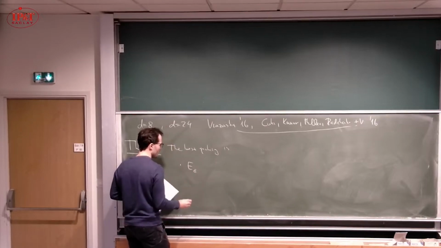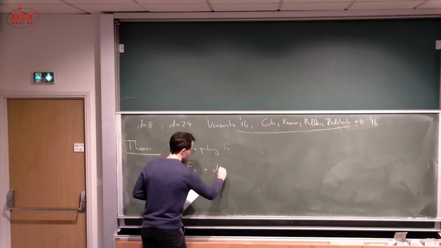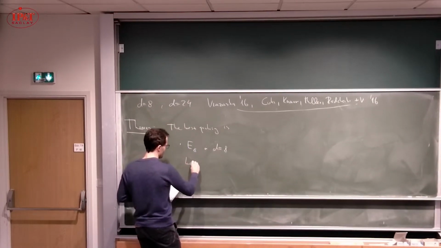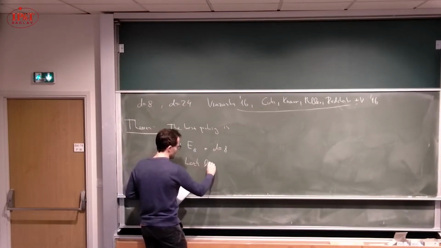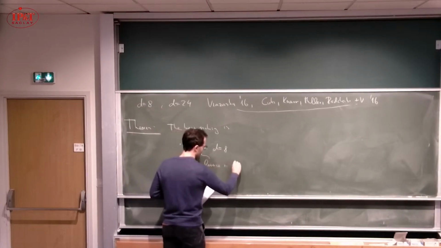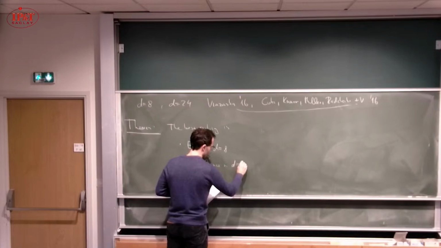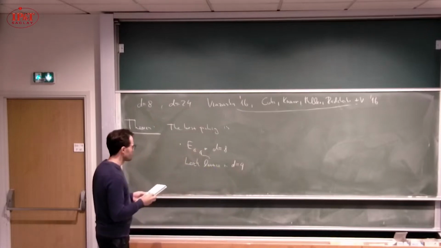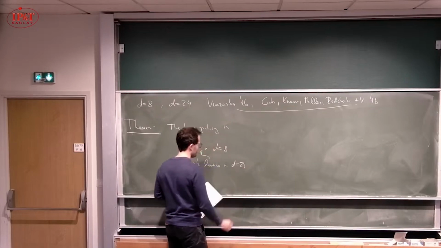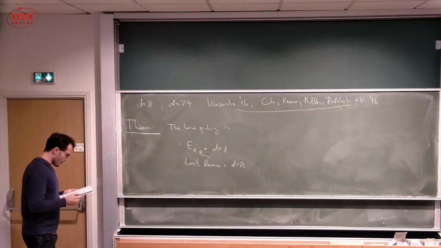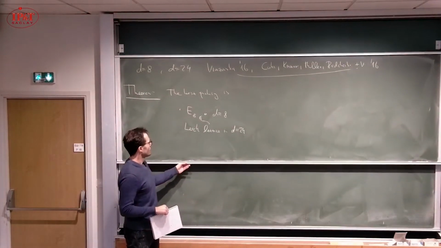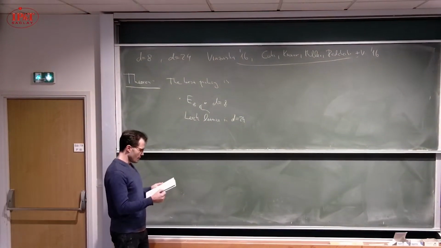So the sphere centers form the E8 lattice in D equal 8, and the Leech lattice in D equal 24.